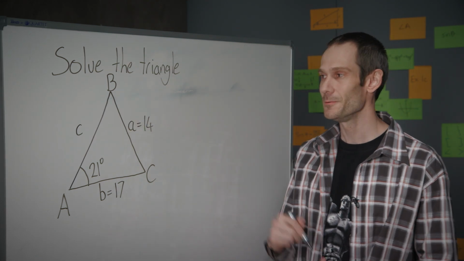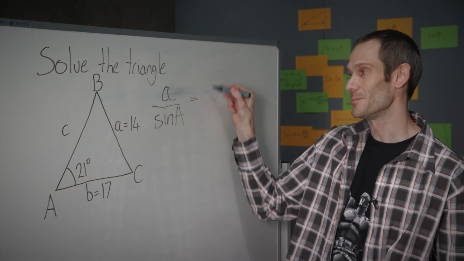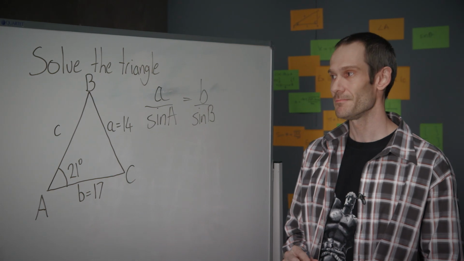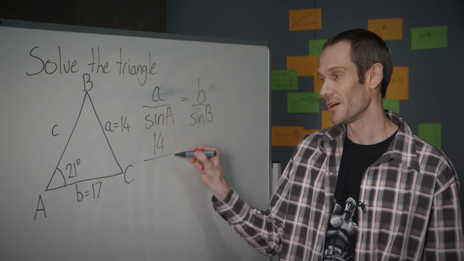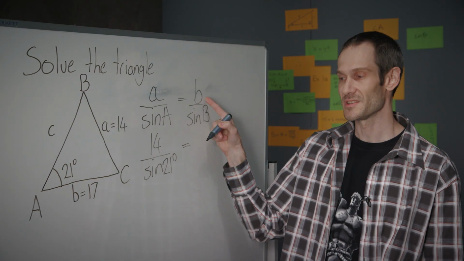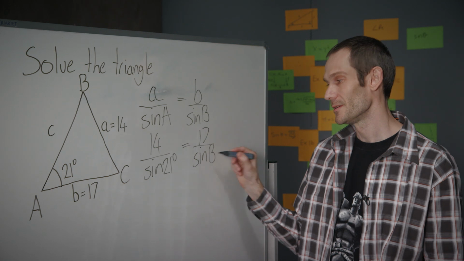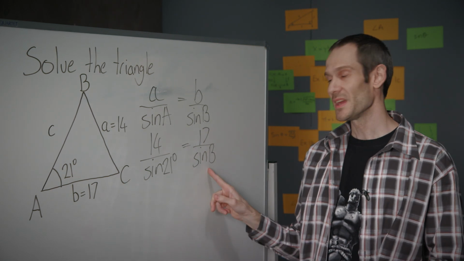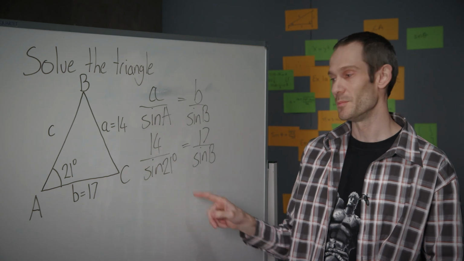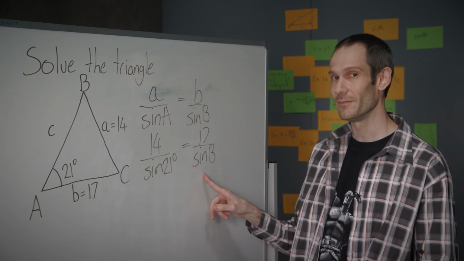The sine rule says a divided by sine A equals b divided by sine B. Putting in our given information, side length 14 divided by the sine of its opposite angle, which is 21 degrees, equals side length 17 divided by the sine of its opposite angle, capital B. Making sine B the subject of our equation, we multiply both sides by the sine of 21 degrees, and we also divide through by 14.